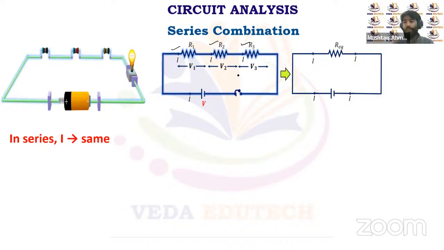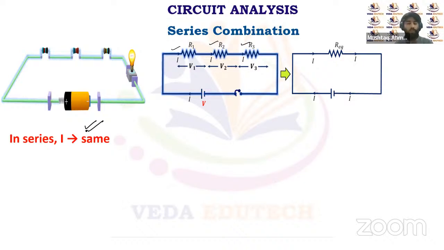By series combination, we mean that if through two or more than two resistors the same or equal current is flowing through them. Two or more than two resistors are said to be in series if the current flowing through them is the same.